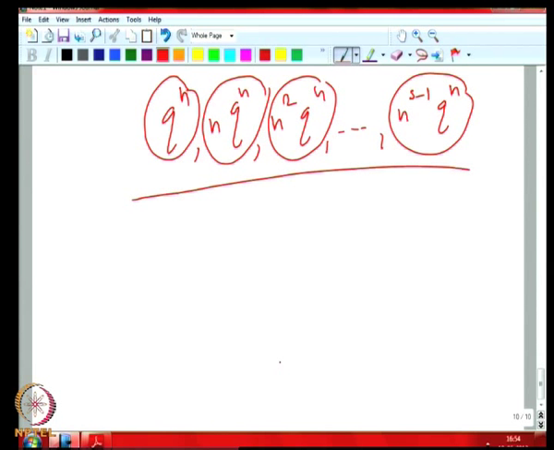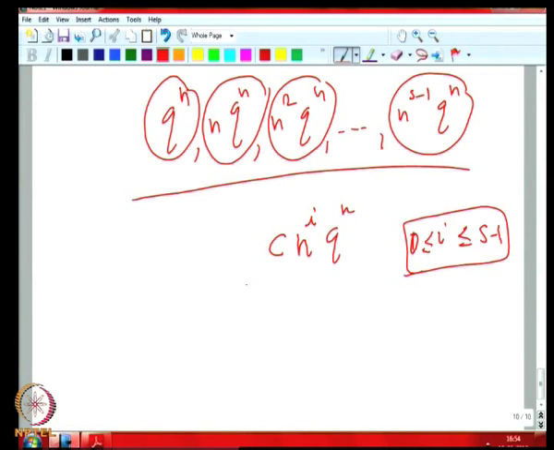For instance, c times n to the power i into q to the power n, for i between 0 and s minus 1, will again satisfy this, and we can add them together, and their sum also will satisfy.